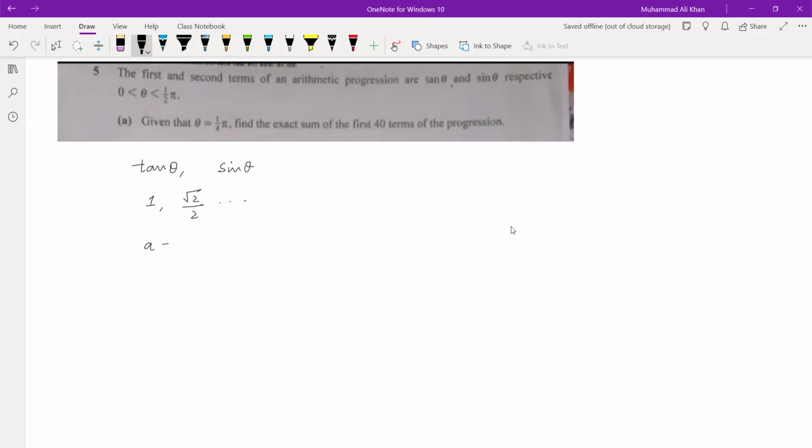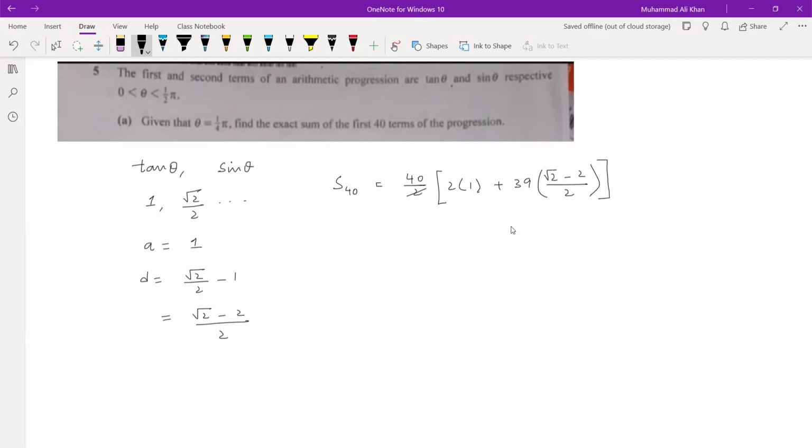So, according to the question, a is 1, and the common difference is the second term minus the first term, so it will be under root 2 minus 2 divided by 2. This is the common difference. By using the sum formula up to the 40th term, n by 2 into 2a, where a is 1, plus n minus 1 into the common difference under root 2 minus 2 divided by 2.